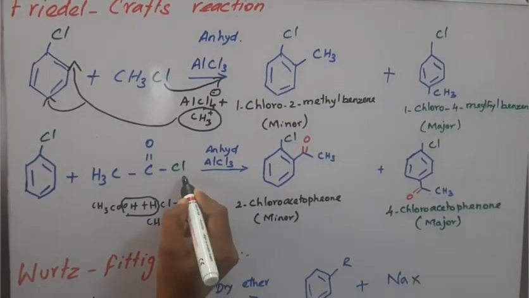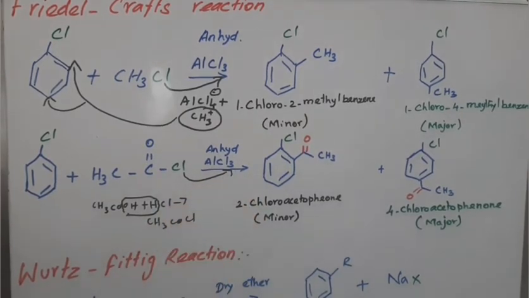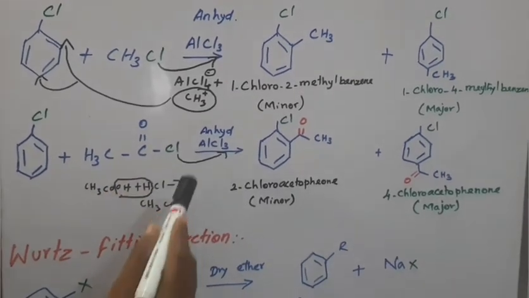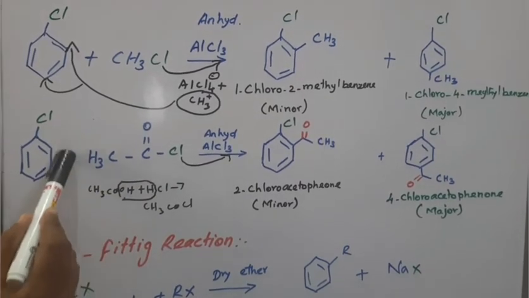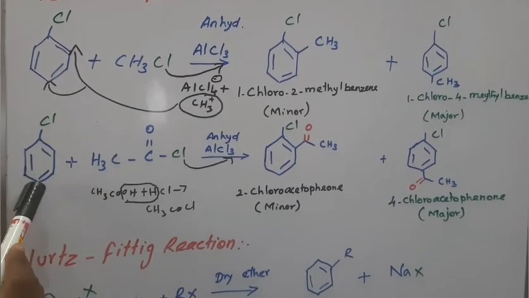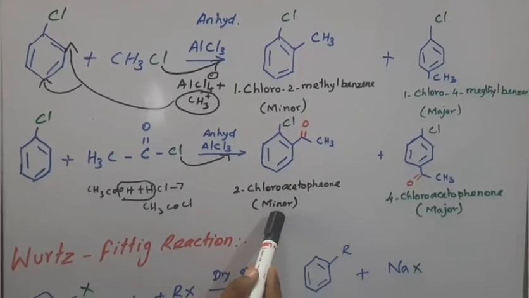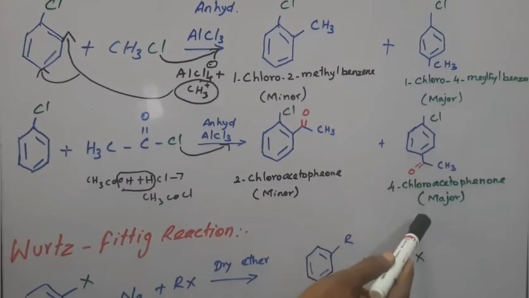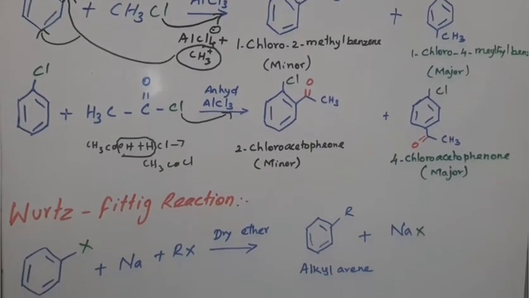The Cl is accepted by AlCl3, giving AlCl4 minus plus CH3CO plus, which is the electrophile. This electrophile attacks the ortho as well as the para position. So we get 2-chloroacetophenone and 4-chloroacetophenone. The para position is the major product. This is your electrophilic substitution reaction.